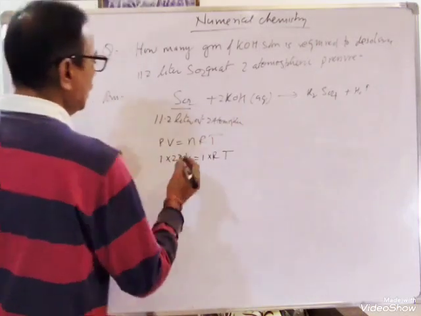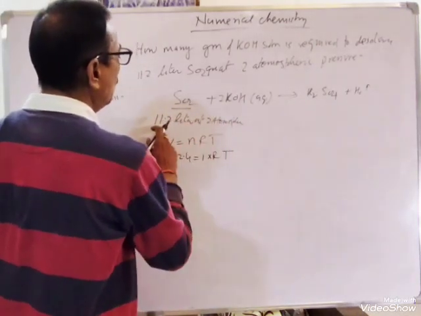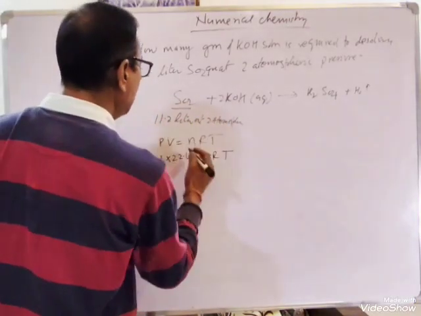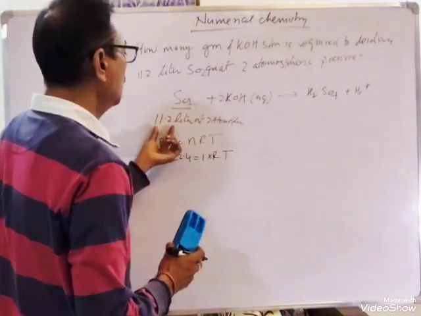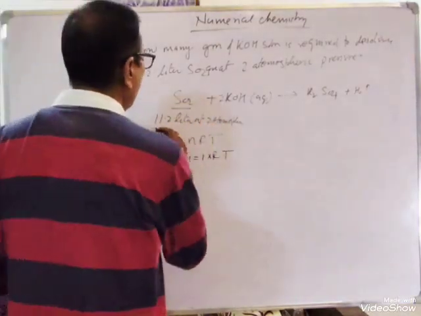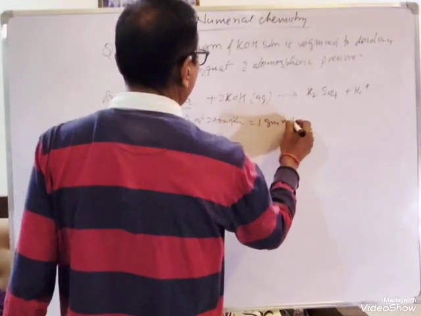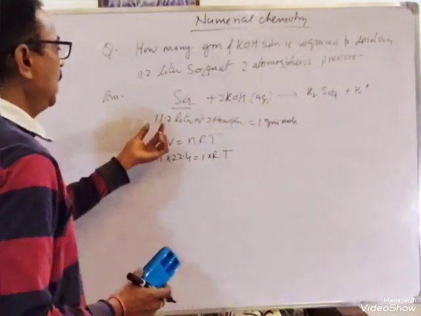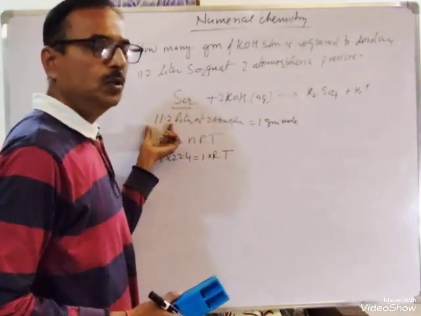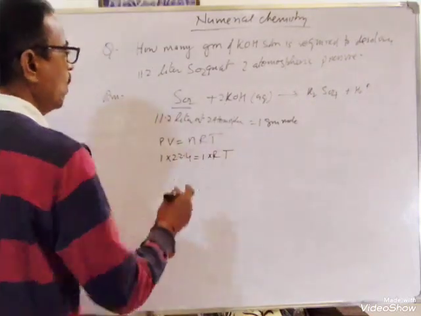In the second case, if we increase the pressure to 2 atmosphere, the volume will be halved. So 22.4 liter at 1 atmosphere is equivalent to 1 mole, and 11.2 liter at 2 atmosphere is 1 gram mole.